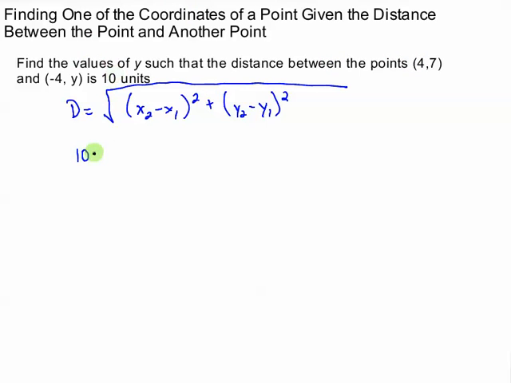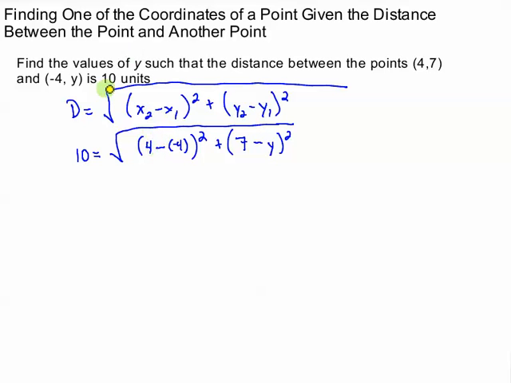So we go ahead and plug in 10 for the distance. And the square root, we take the difference between the x's. So we have (4 - (-4)) quantity squared plus 7, the y coordinate here, 7 minus this y coordinate, which is y, quantity squared. And now we just work through this and we solve this equation for y.